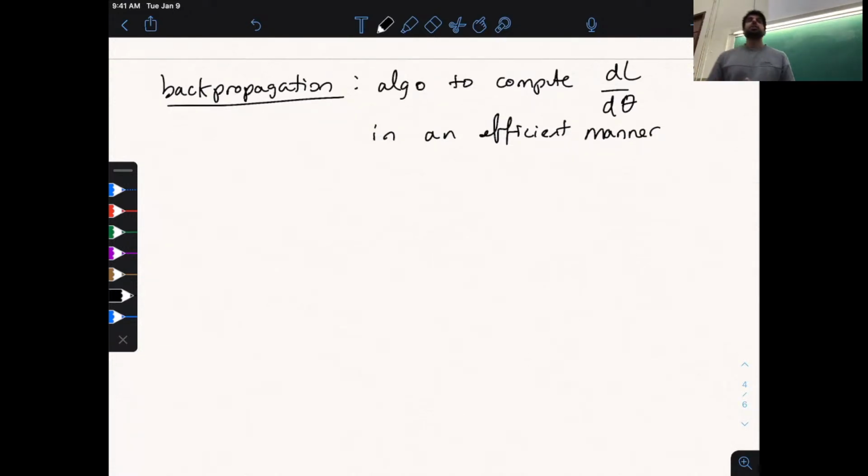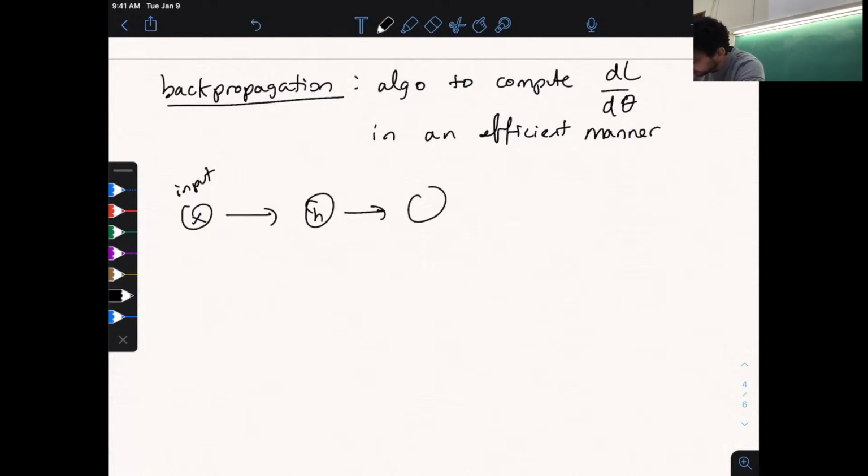Okay, so to illustrate this process, we are going to use a very simple neural network. There's going to be no weight matrices and no vectors. We're just going to use single scalar numbers for every step of the network. So we're going to start with some input here. We'll call it x. And we're going to have a hidden state, which again is a single scalar.